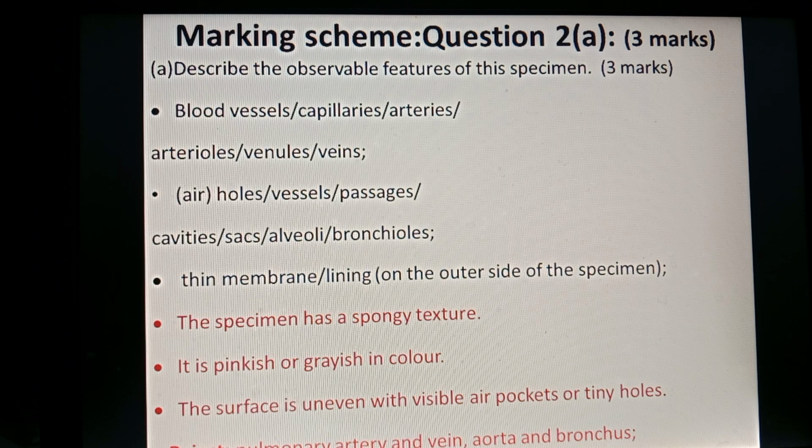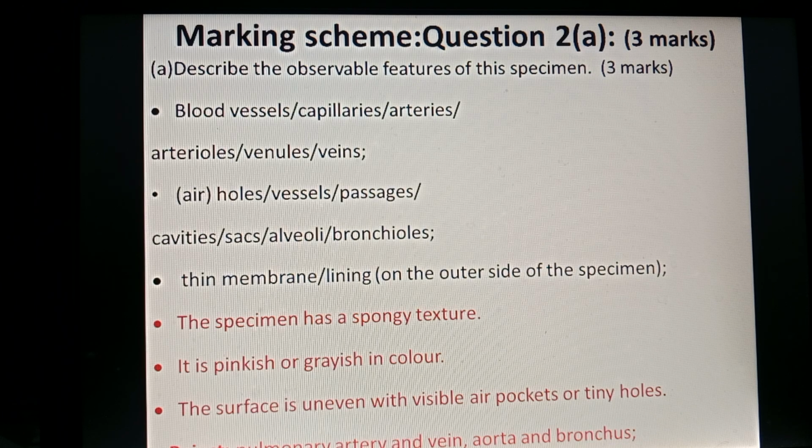And you can see blood vessels or capillaries or arteries, arterioles, or veins. You can also see air holes, vessels, passages, cavities, sacs, alveoli, branches, any one of those you can mention. And then you can see a thin membrane or lining on the outer side of the specimen.